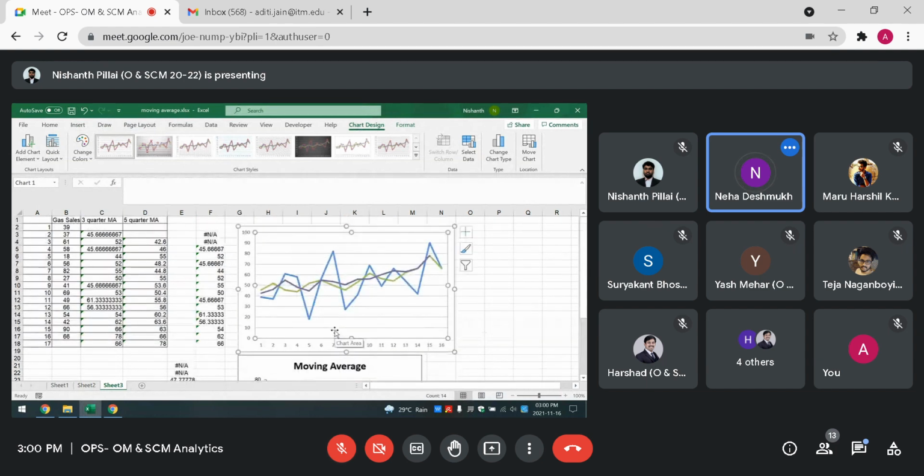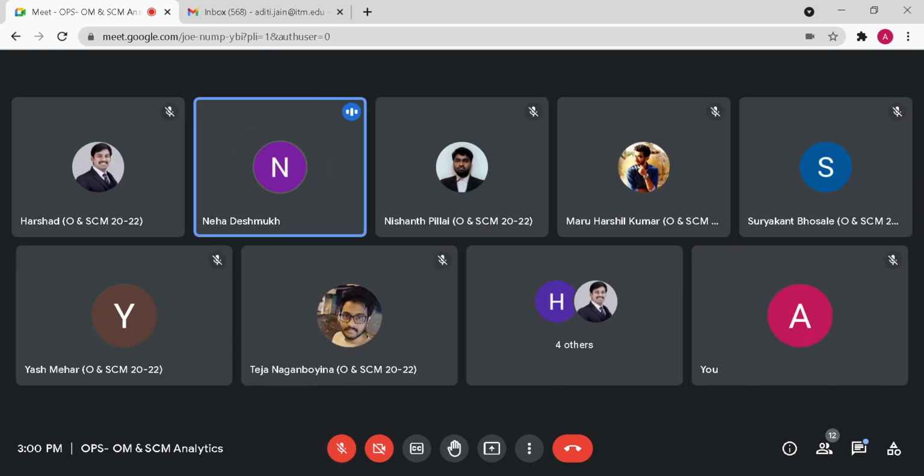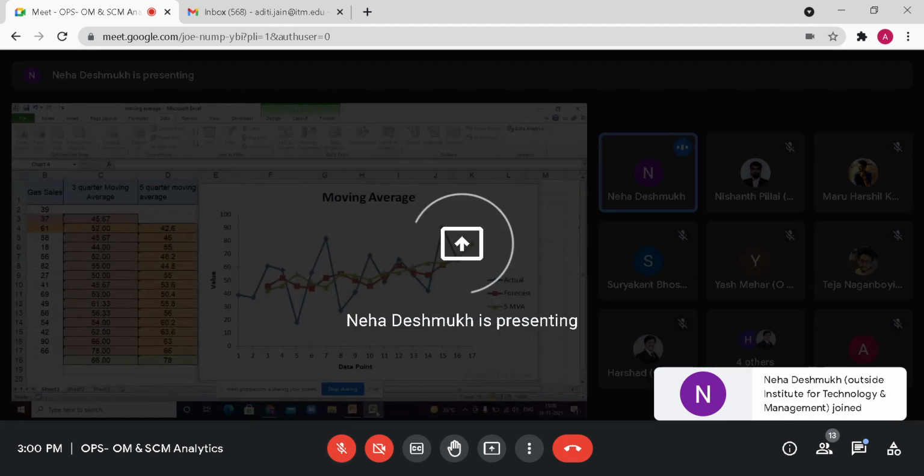Okay, Nishan. Aditi, what about your data sheet? Aditi Jain sleeping. Is my screen visible?